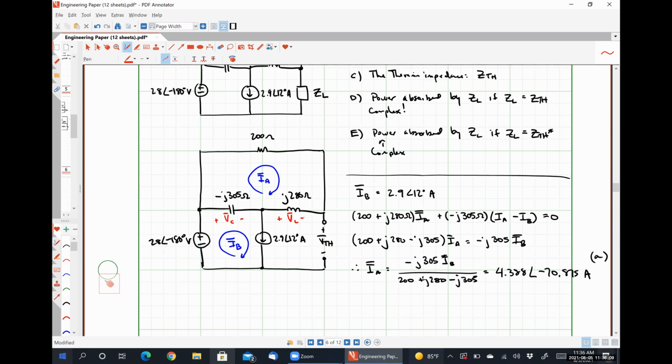The 200 ohm resistor in series with the j280 ohm. Oh, actually, that is a good way. No, that still would be assuming that there's no voltage drop over the current source.